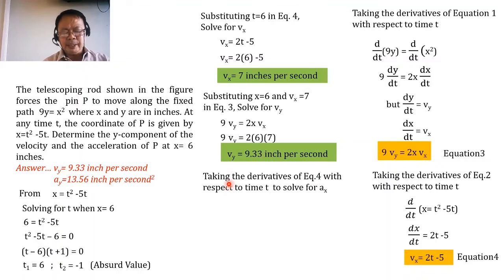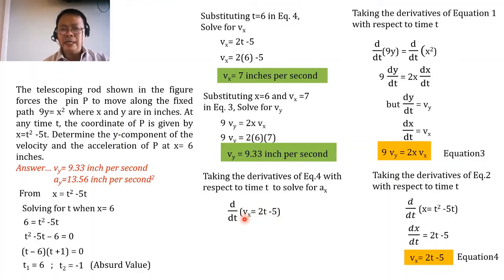Then after solving for the y component of the velocity, what shall we do next? From here, if we take the derivative of equation 4, the equation 4 that I am referring to here, with respect to time t, then we can solve the x component of the acceleration. So let us now take the derivative with respect to time t of v sub x equal to 2t minus 5.